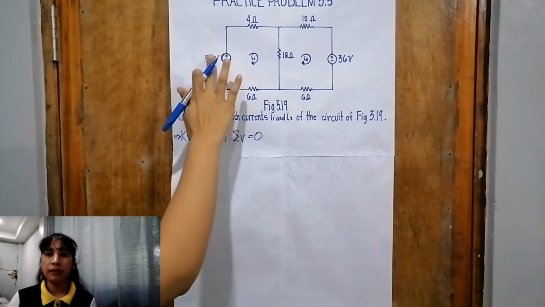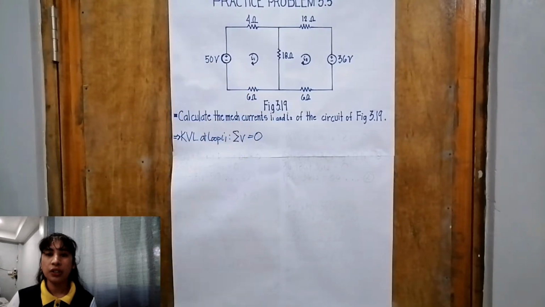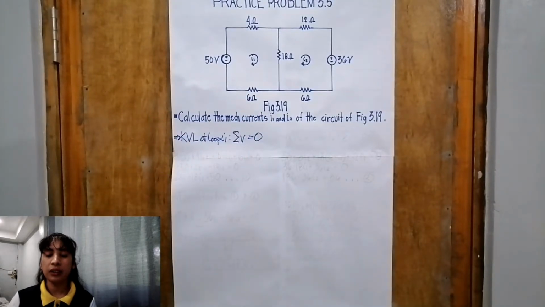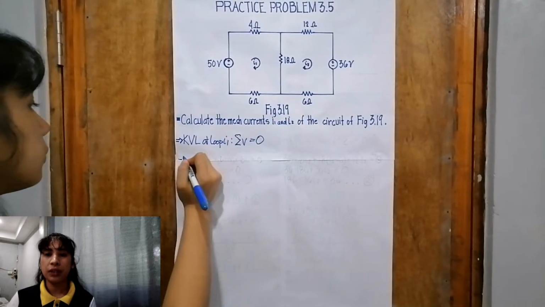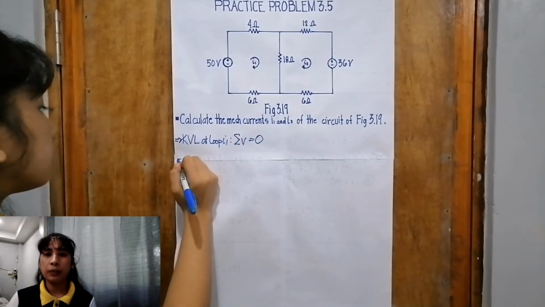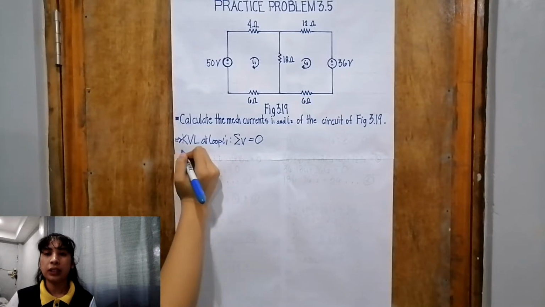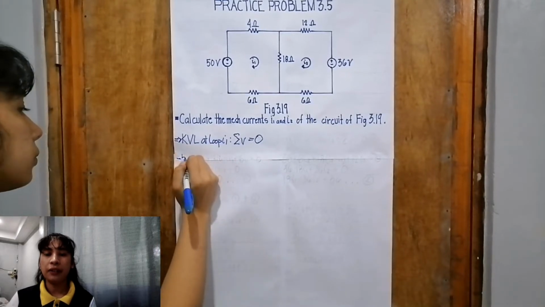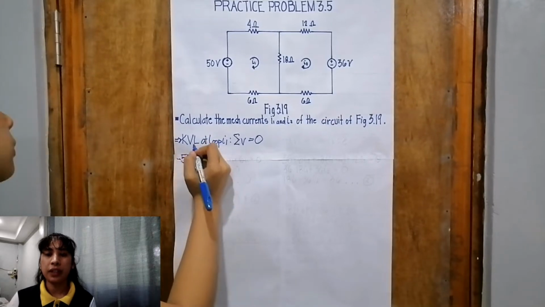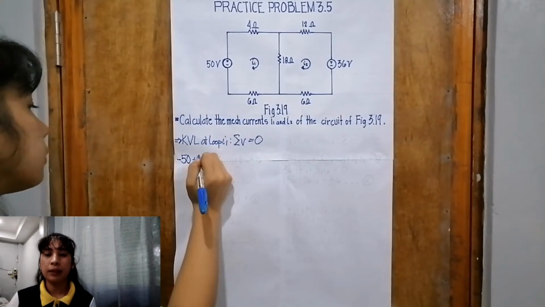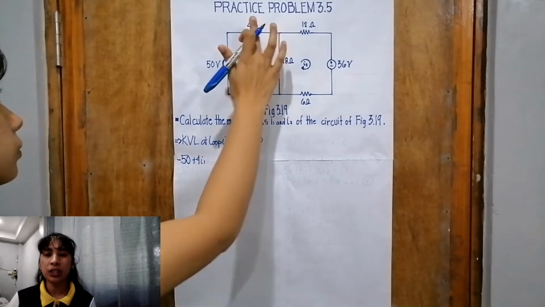And we start from this voltage source here, and the current is flowing from negative to positive. So the sign will be negative. So we will have negative and the value is 50 volt, and then plus this is 4 ohm resistor.